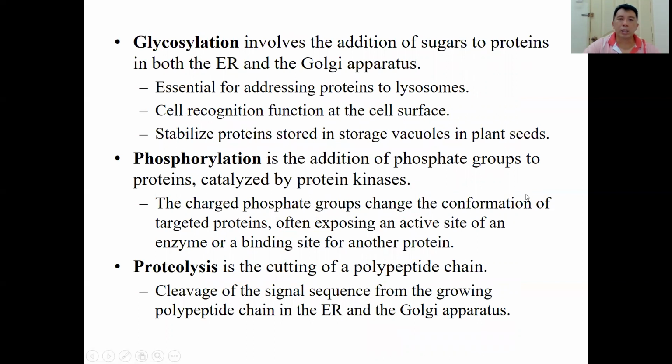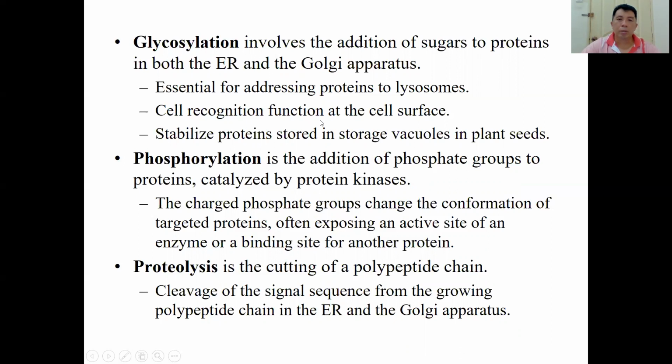Okay, glycosylation, as you know, is the addition of the carbohydrate to polypeptide. So it's essential for the addressing proteins to lysosome. So that means if the polypeptide they synthesize will be modified to lysosome, so this glycosylation is the compulsory process.